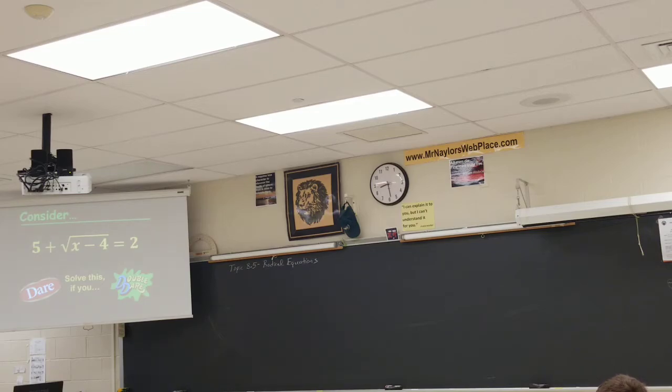I'm assuming that you've seen some exposure to this, but maybe just to give you a little jump start, all you got to do is subtract 5. All you got to do is square both sides so you can eliminate the square root. Do you think you can solve it? You're just going to subtract 5. You're just going to square both sides. But there is something special about it.